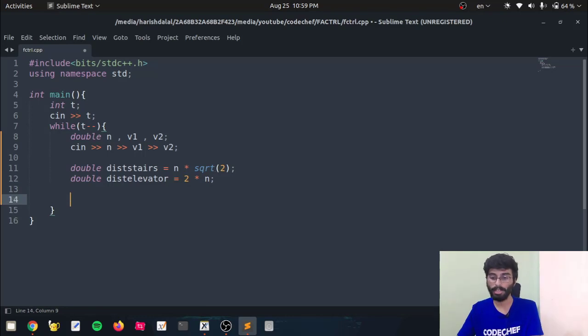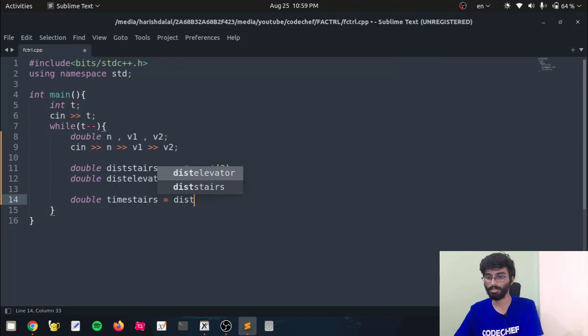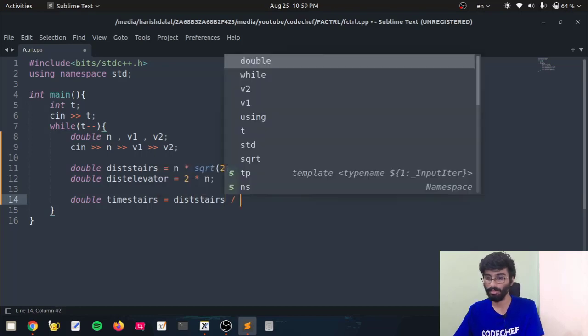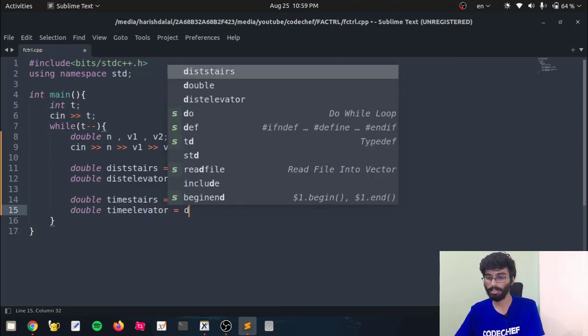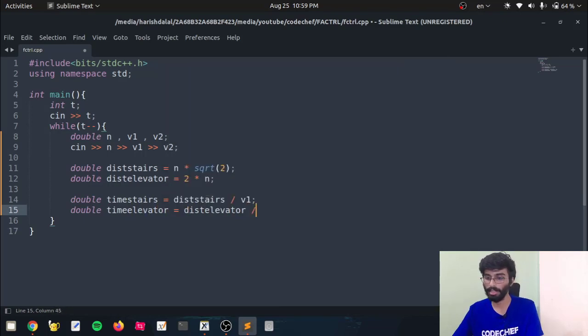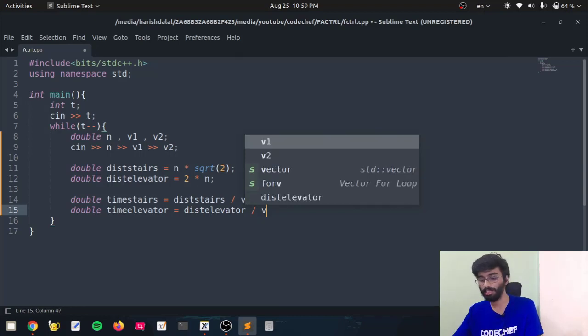Now the time required through stairs will be the distance of stairs divided by v1, which is the velocity through stairs, and the time for elevator will be the distance of elevator divided by the velocity of elevator.